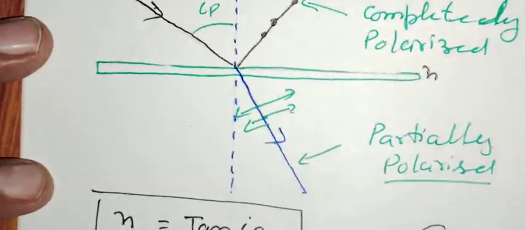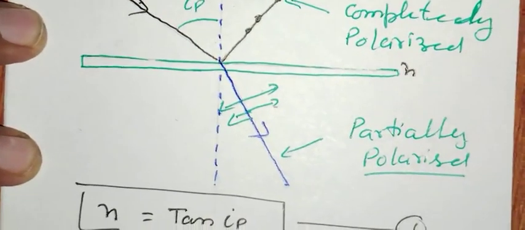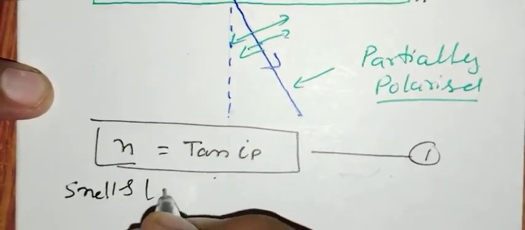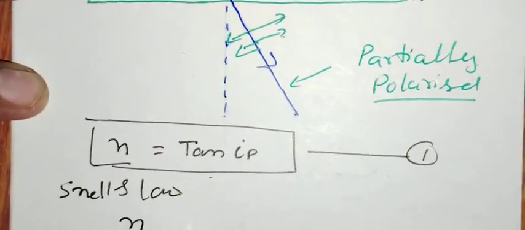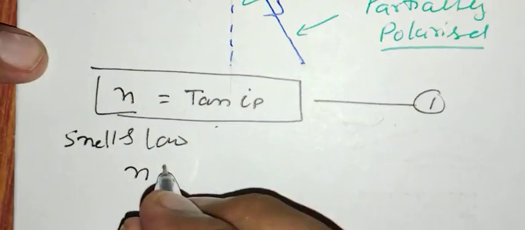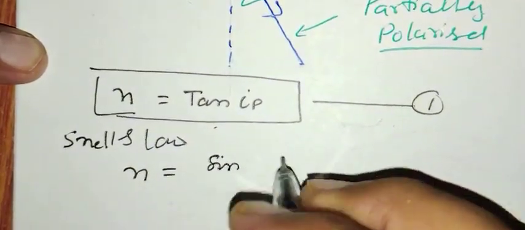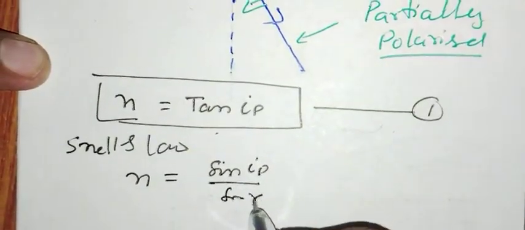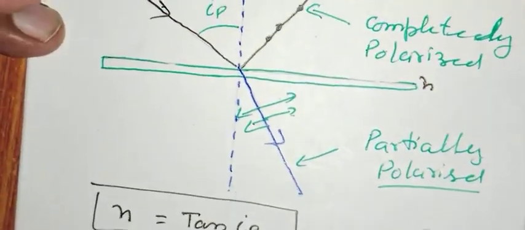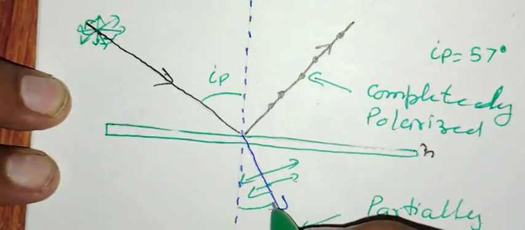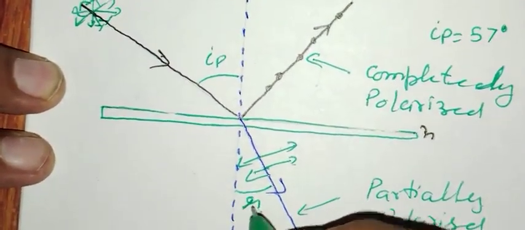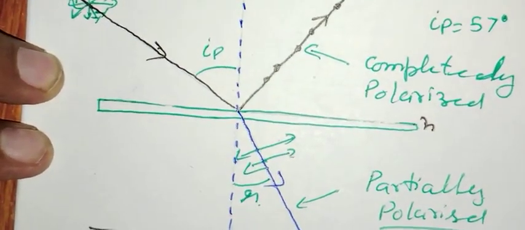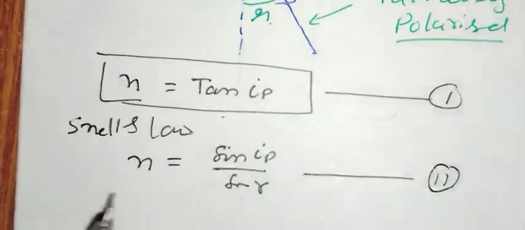Now see the mathematics here, Snell's law. Snell's law says the refractive index n is equal to sin IP by sin R, where R denotes the angle of refraction, represented by equation number 2.